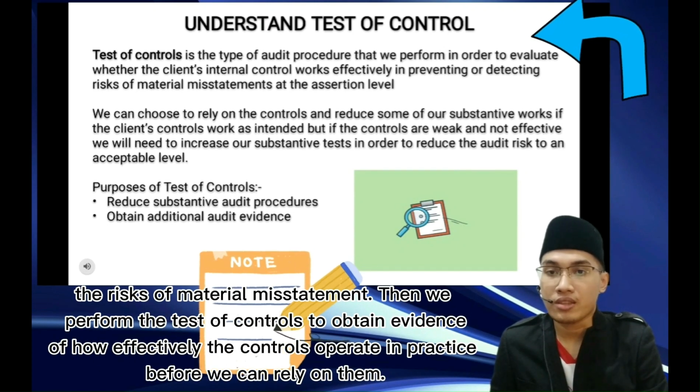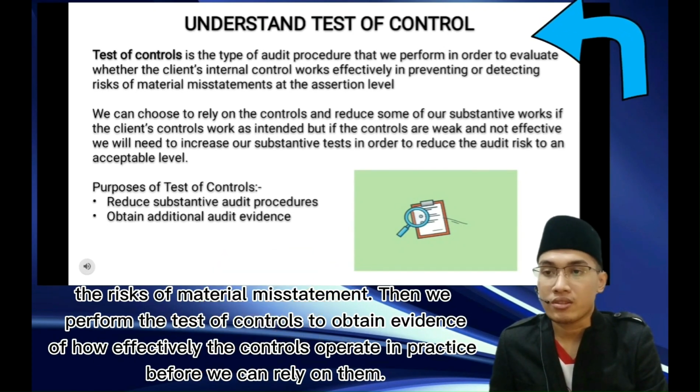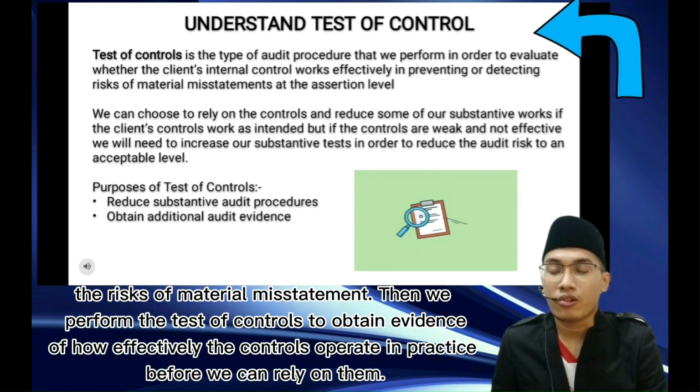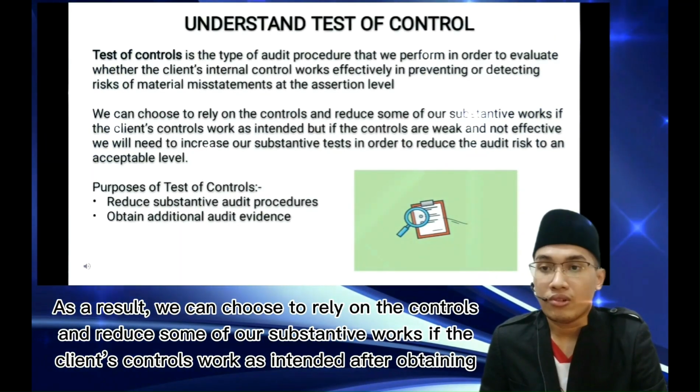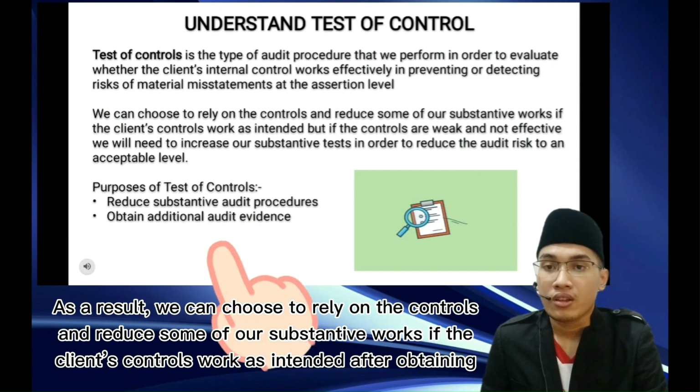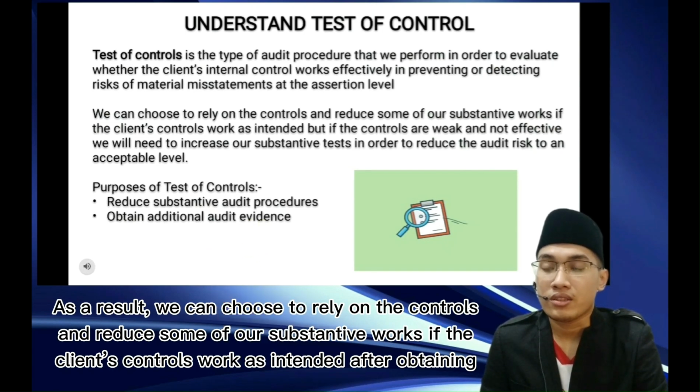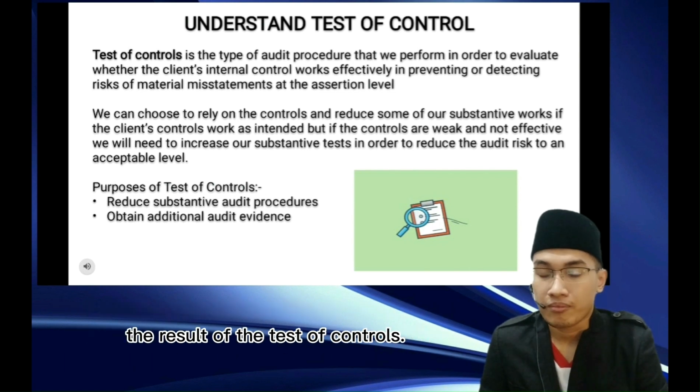Then we perform the test of control to obtain evidence of how effectively the controls operate in practice before we can rely on them. As a result, we can choose to rely on the controls and reduce some of our substantive work if the client's controls work as intended after obtaining the result of the test of control.